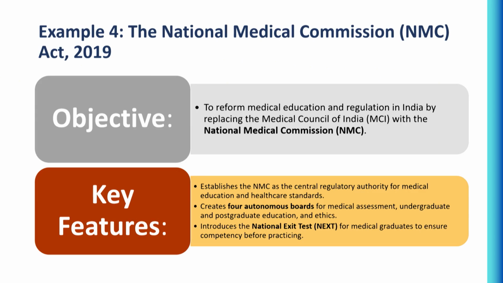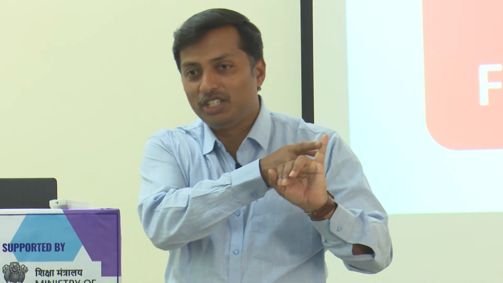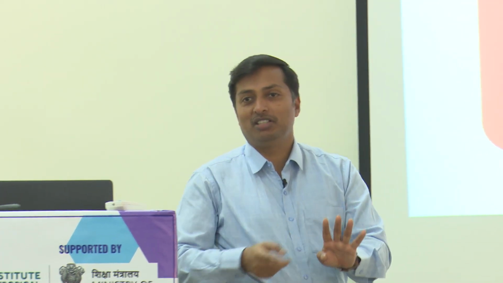This policy is about restructuring, so they replaced the Medical Council of India with the National Medical Commission. So that's what a constituent policy is. So are we clear so far? What are the four types we looked into? Distributive, regulatory, redistributive, constituent. One of the smartest batches. Wonderful.